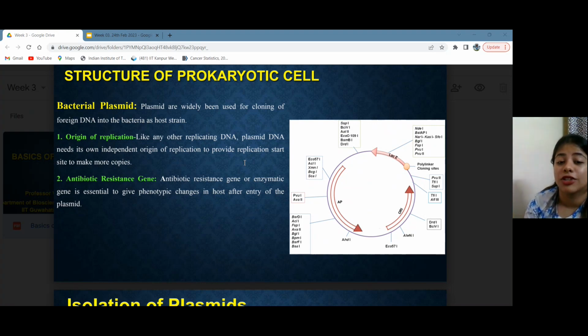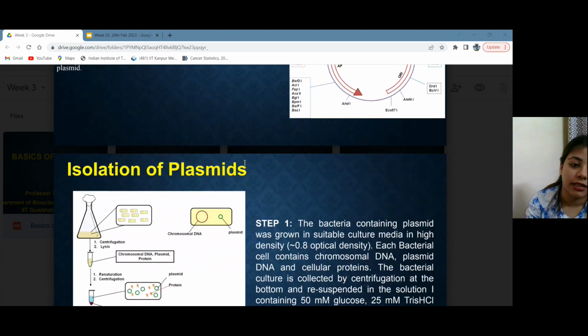What actually gives that bacterial cell an edge, or what makes it very relevant for our use in recombinant DNA technology, is the presence of a selectable marker, which is majorly an antibiotic resistance gene, and that gives it some advantage over the other bacterial cells. So that's a bacterial plasmid.